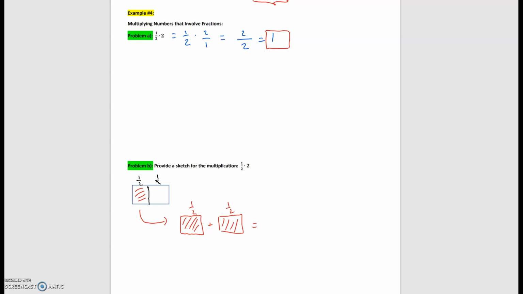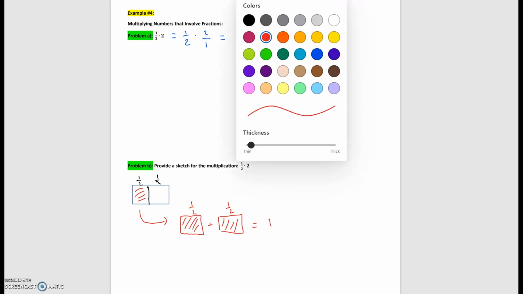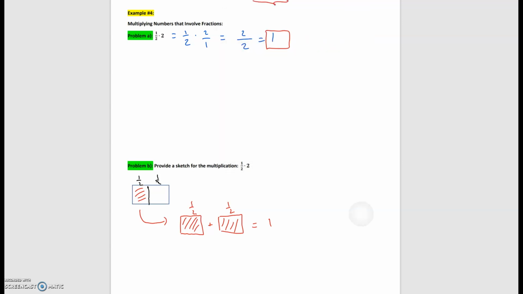In this case, 2 halves is equal to 1 integer, which is what we did on the top. So the 1/2 times 2, you're going to have 2 halves, in this case 2 parts. This is just one way of viewing the multiplication of fractions, and it applies nicely for 1/2 times 2.